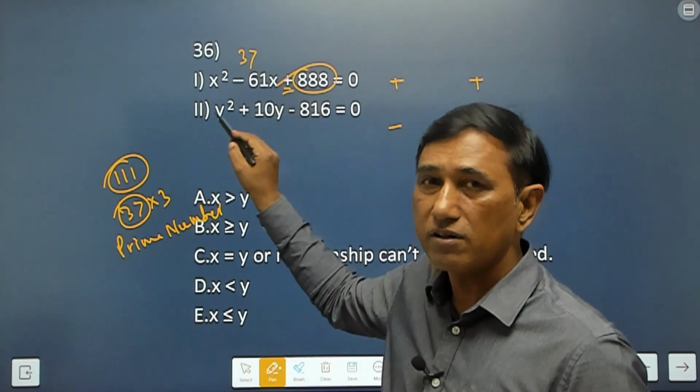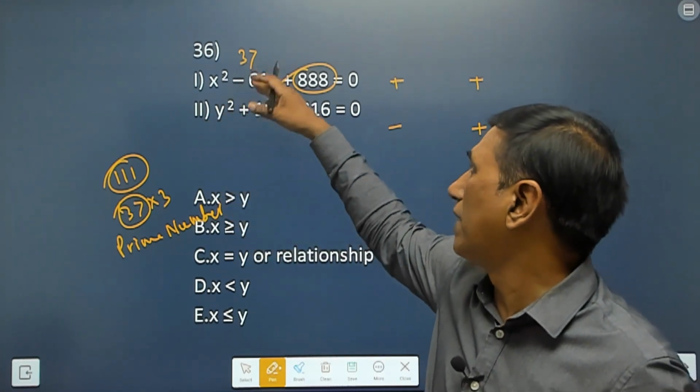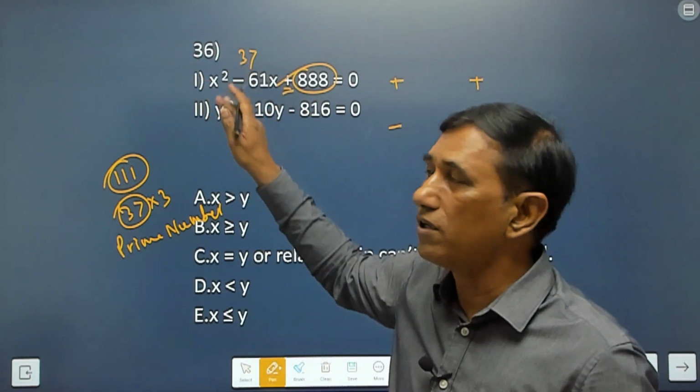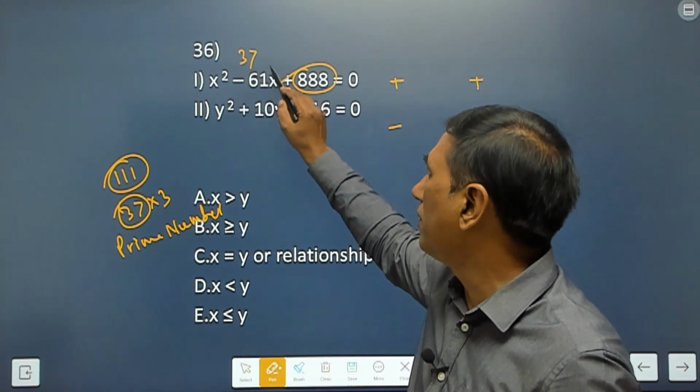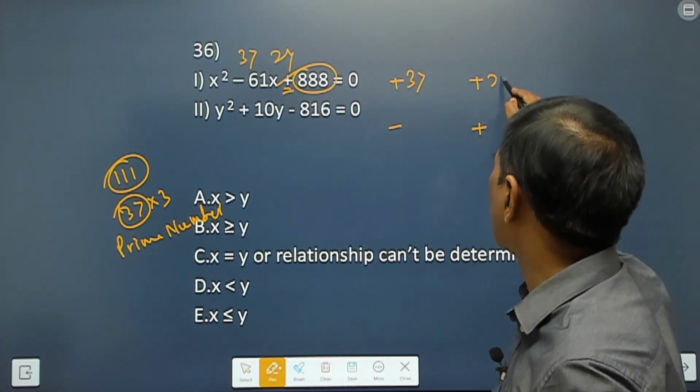Since it is plus, so 37, you cannot have a multiple of 37, and it is a prime number. So one will be 37, another one will be 24. So mine is 37 and 24.